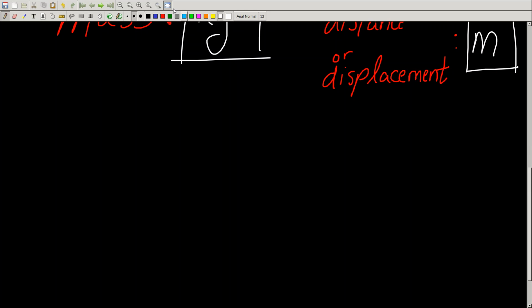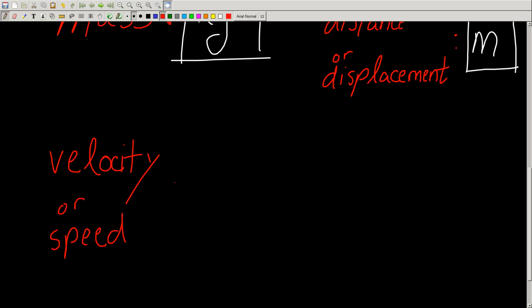What else are we going to get? We're going to get velocity in this course. Obviously, velocity or speed. What are the units for velocity or speed? That's going to be meters per second.